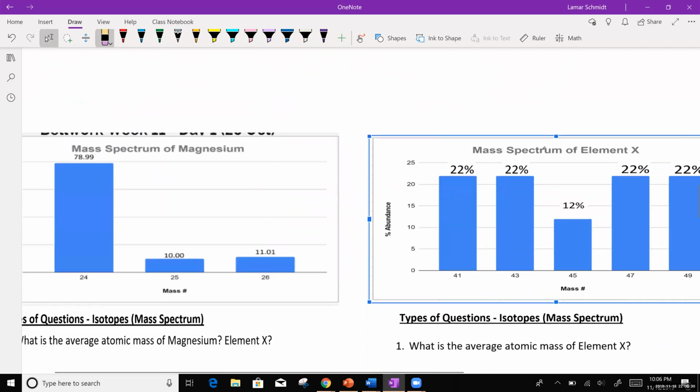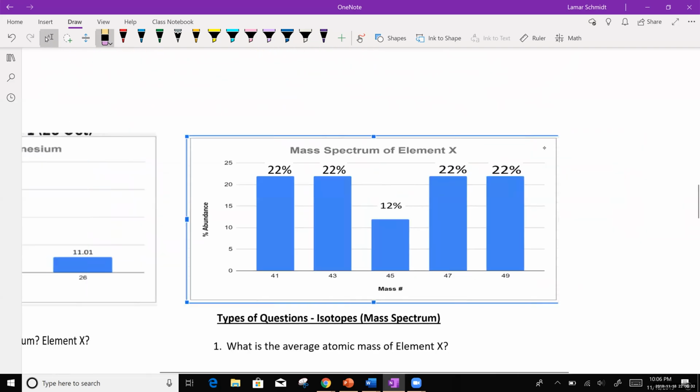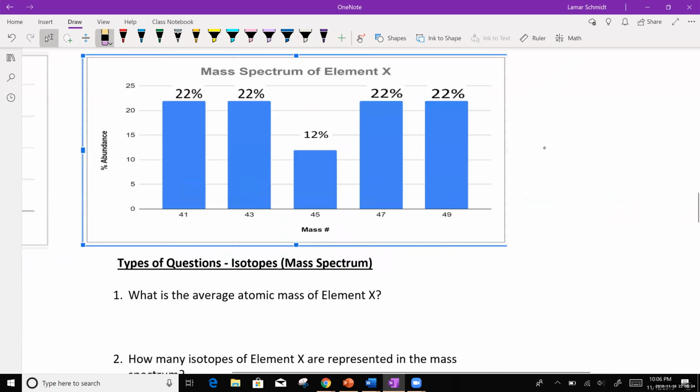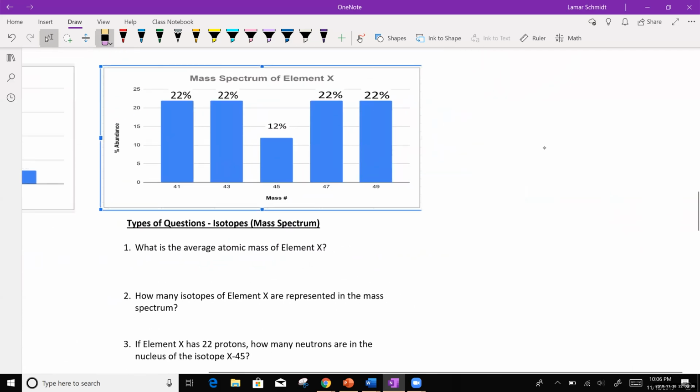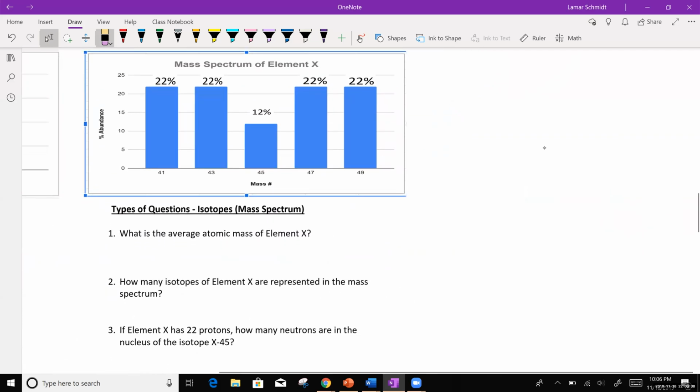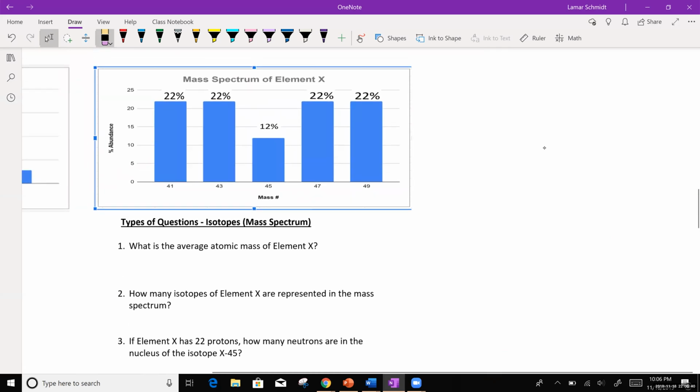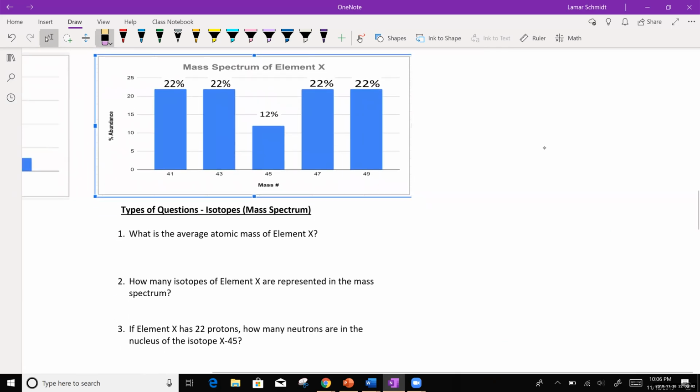And then next, I want you to answer these questions based off of element X. There's element X. I want you to try to answer those questions. The choices will be available in Edpuzzle.